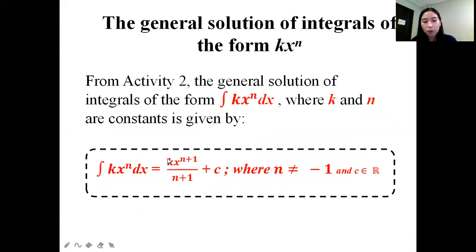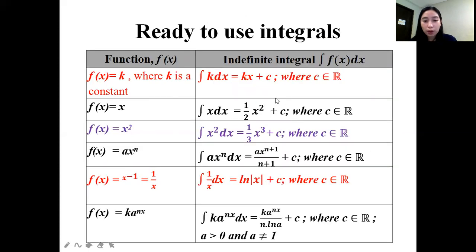So x man, so k kay 1. So x^(1+1) will be 2. Tapos 1 plus 1 is 2. So 1 half x squared ang answer. Okay? So mao ni ang yahang answer plus c. Di nato limtan si c, where c is a real number.